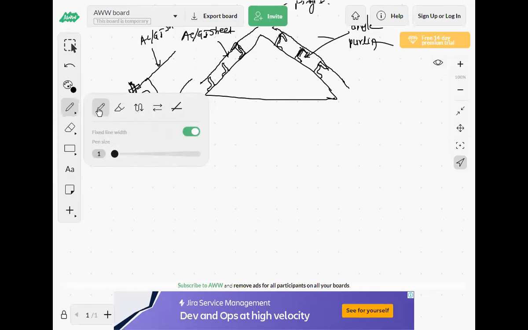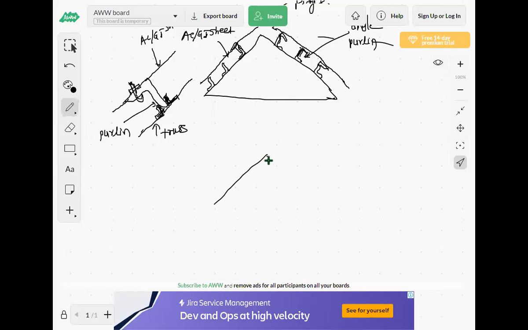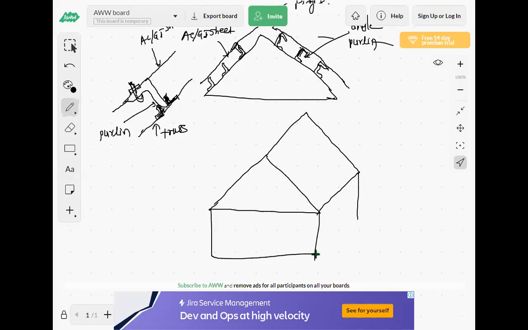So again I will draw the plan also. See, this side elevation we have seen. This is your building, and now these are the purlins. The purlins are along the length.